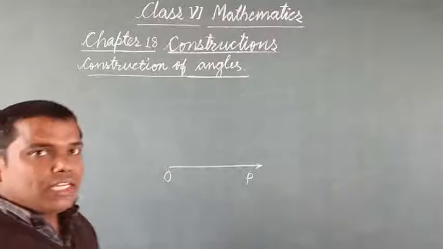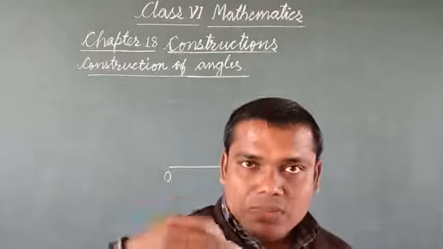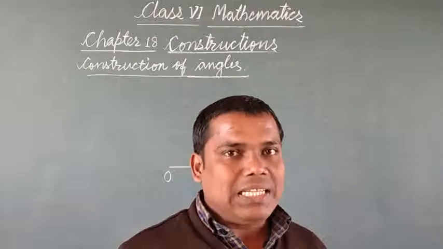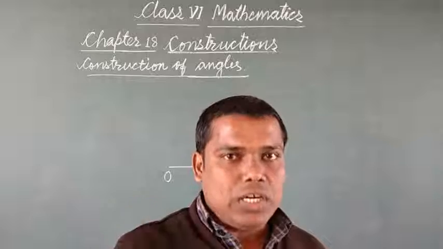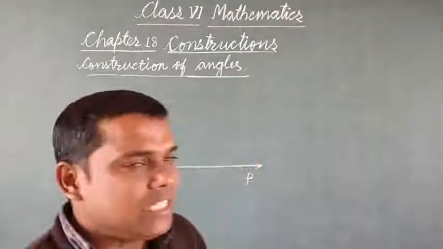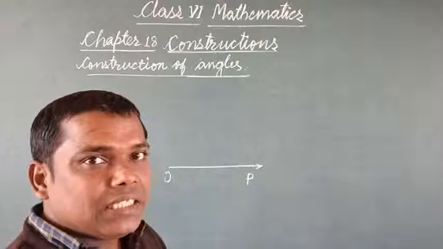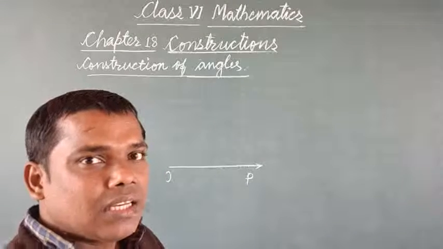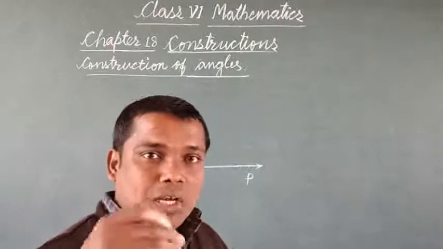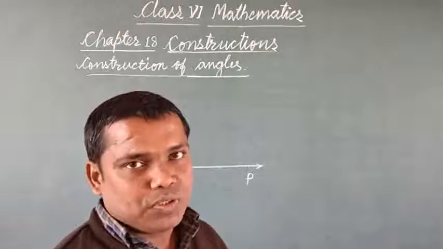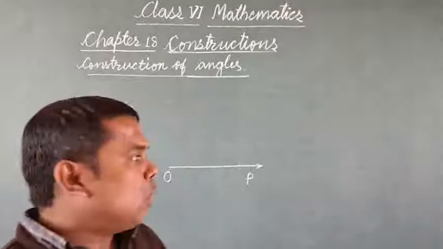I have to draw here angle of 60 degree, angle of 30 degree, angle of 45 degree, angle of 90 degree, angle of 120, 105, etc., means an angle which is a multiple of 15 degree or 7.5 degree also. We can draw easily. Look at here.